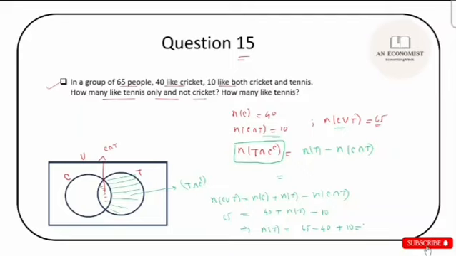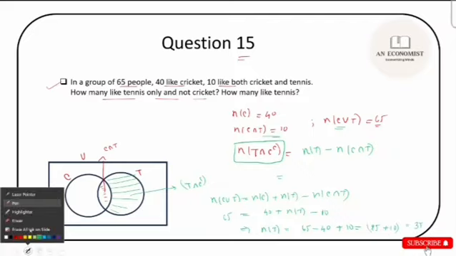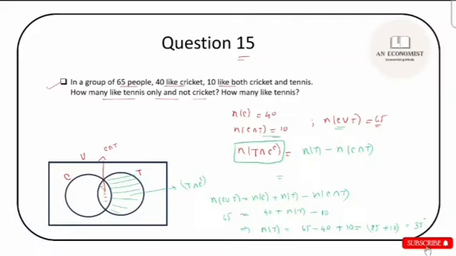Then how much will this be? This will be 25 plus 10, which is 35, right? So there are 35 people who like only tennis. So we got this value, put 35 here minus the intersection which is 10, this is 25. So we got both our answers: how many people like tennis and not cricket, this will be 25, and how many like tennis, this is 35.